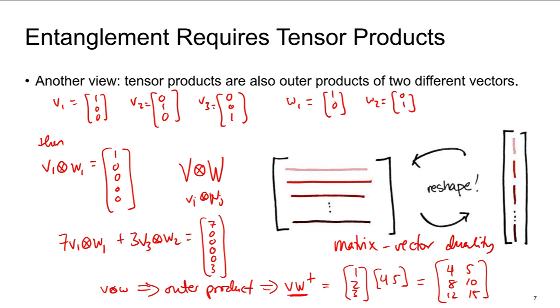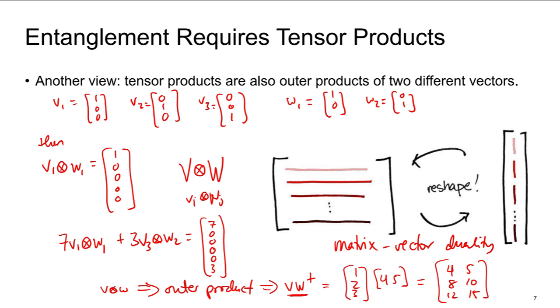And that seems to conflict with what I just said on the last slide. I said I wanted to write my tensor product as this column vector, 4, 5, 8, 10, 12, 15. And I wrote it a different way here, because I was thinking about it as an outer product.